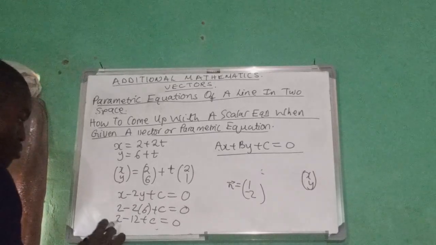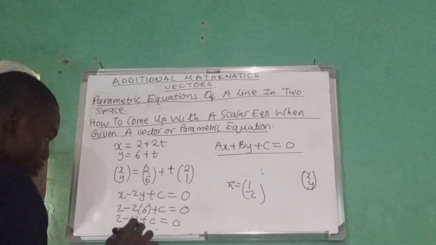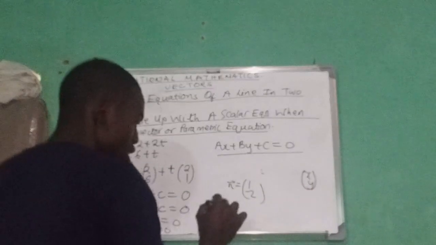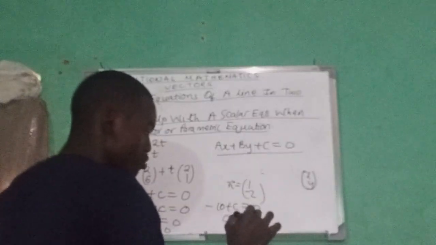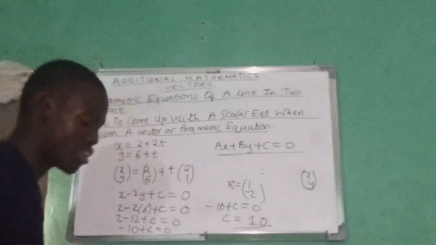It means that negative 10 plus c is equal to 0. c is equal to 10. So our c is 10.